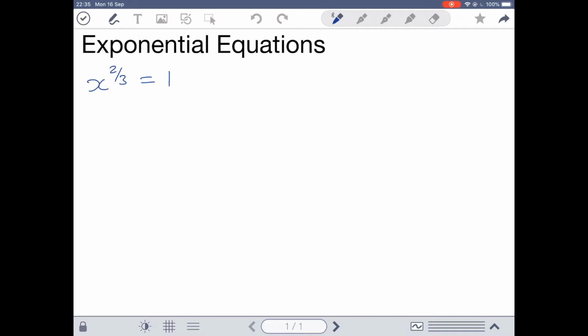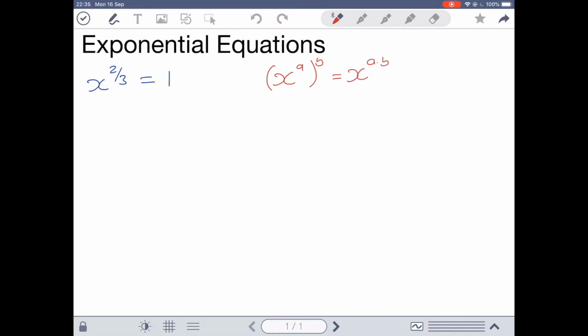If we think back to some of our exponential laws, there was a law that said x to the power of a, raised to the power of b, means I have to multiply my exponents together, which means I'll have x to the power of a times b.